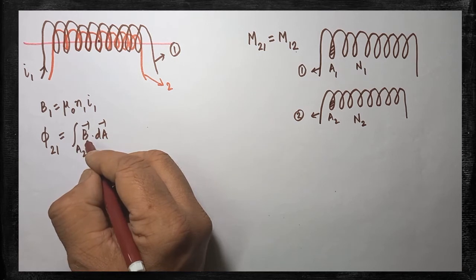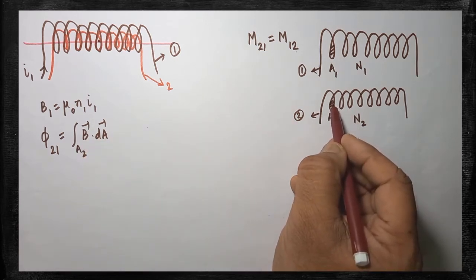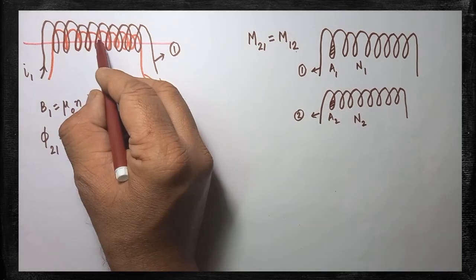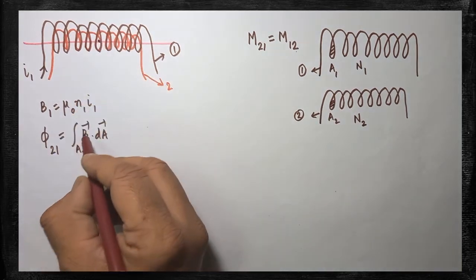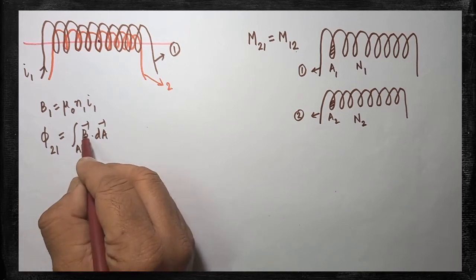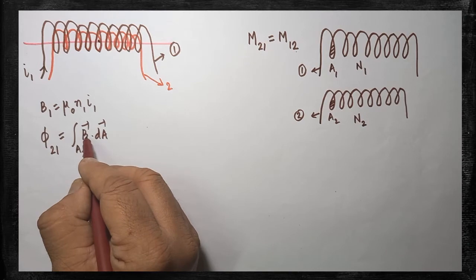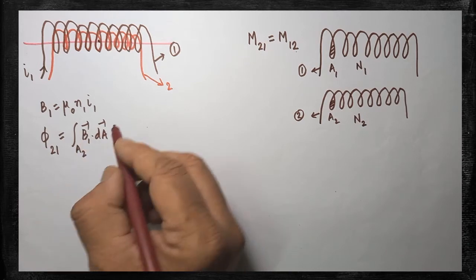Here, this area is somehow related with the magnetic field B1. Therefore, you have to write B1. Are you clear? Because of the field B1, with respect to the value of B1, we are calculating the flux. The flux is only because of B1.